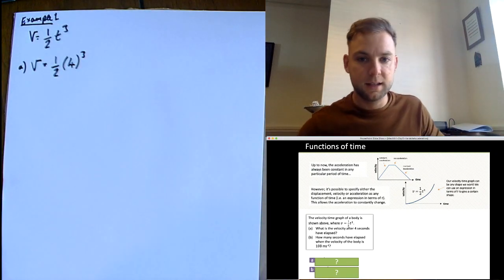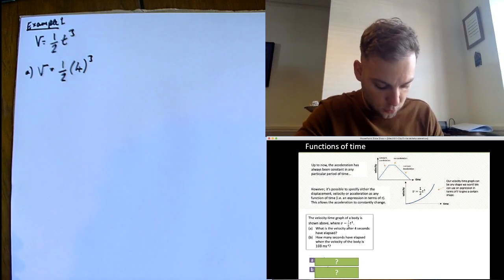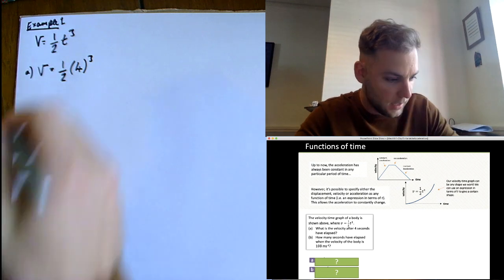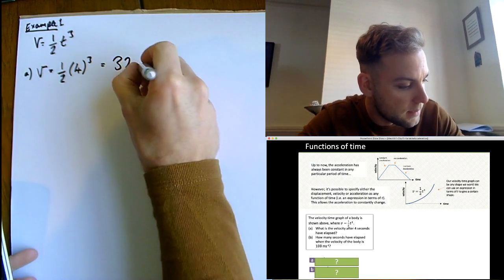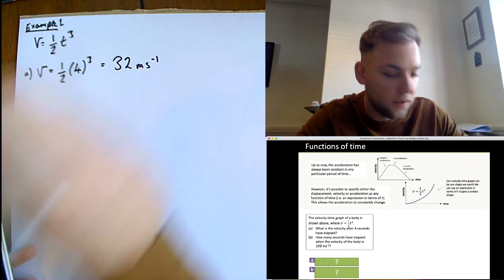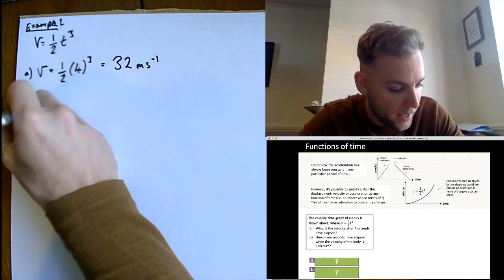We'll do that on the calculator. 0.5 times 4 cubed is equal to 32, and that's going to be meters per second, because it's velocity we're talking about. Brilliant.